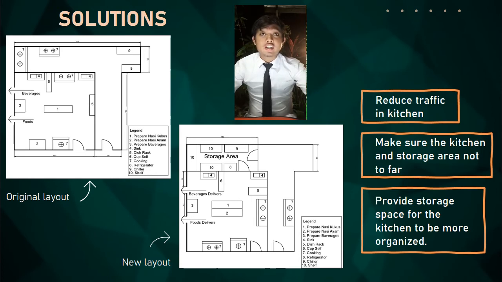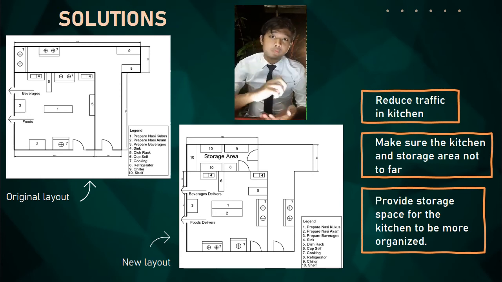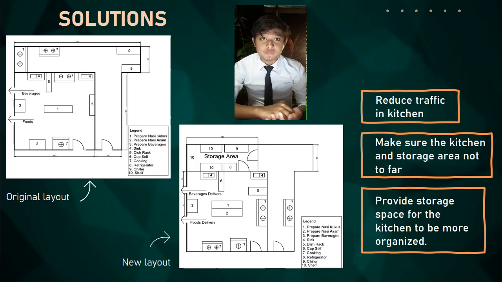Based on the original layout, the Nasi Ayam Mafia restaurant has no space for storing raw material for daily use. To make Nasi Ayam Mafia more organized, the group created an effective layout which added storage space in the kitchen. Mindfully organized storage area further supports kitchen efficiency.